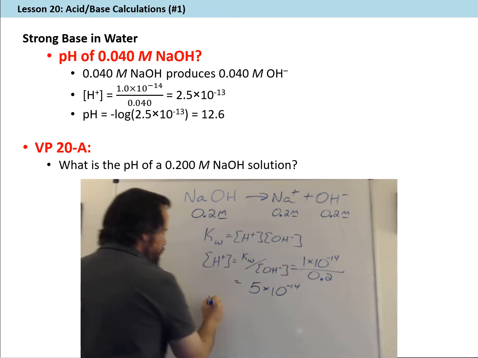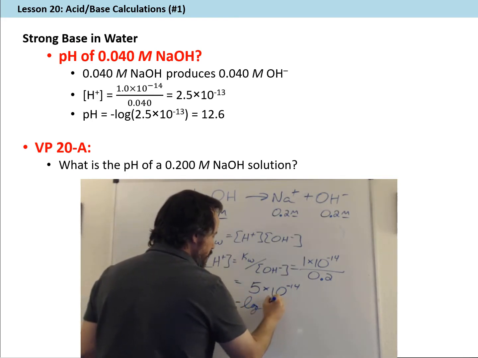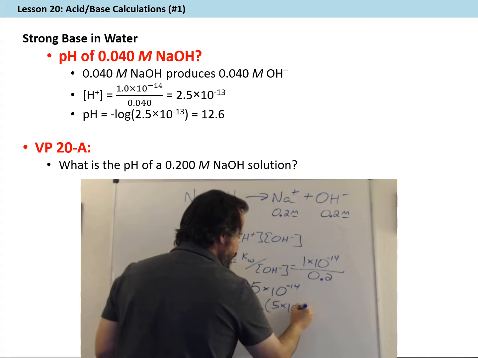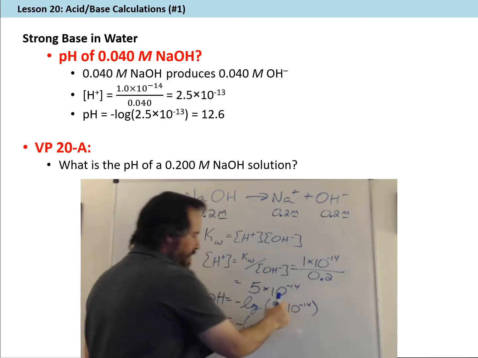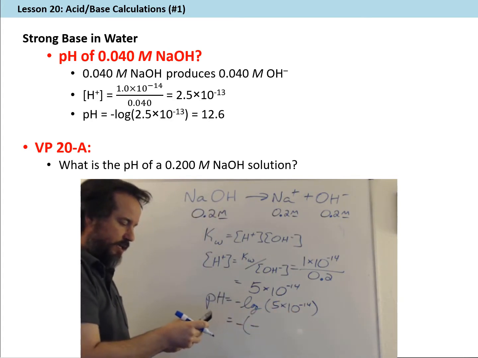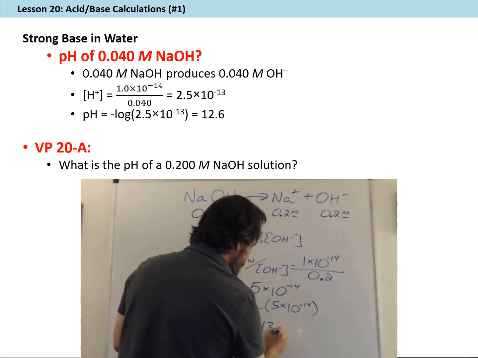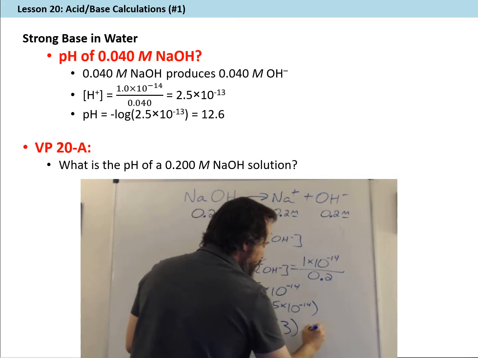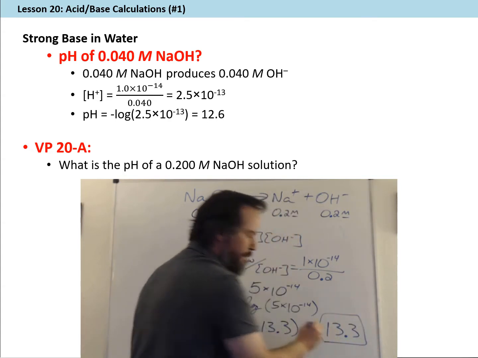I now can use this to say pH equals negative log of 5 times 10 to the minus 14. This value is going to be negative because it's negative here, so it's going to get me negative 13.3. And so that's going to get me a pH of 13.3.